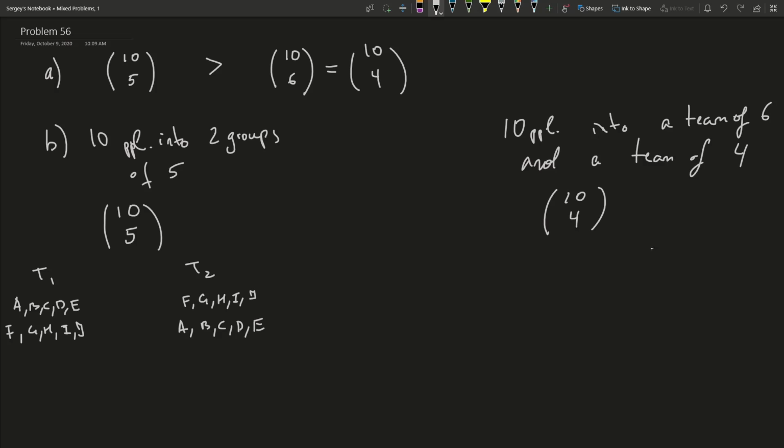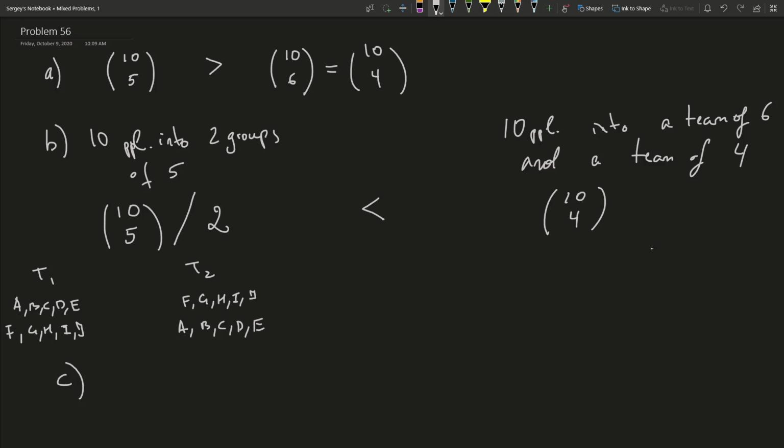So notice the only difference is whether the 5 people A, B, C, D, E go on the first team or the second team, but the way we grouped the 10 people is still the same: A, B, C, D, E in one group, F, G, H, I, J in the other group. So it doesn't really matter which team the 5 people belong to. We still grouped the 10 people the same way in both of these scenarios. And so the 10 choose 5 number overcounts the possible groupings of 10 people into 2 groups by a factor of 2, so this value should actually be divided by 2. And when we do this division, we see that the left-hand side is actually now less than the right-hand side.